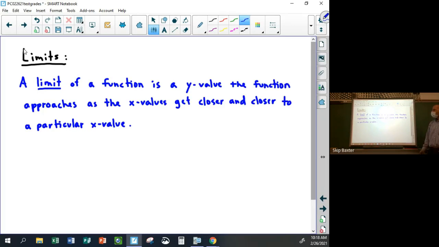Okay, the limit of a function is a y value the function approaches as the x values get closer and closer to a particular x value.